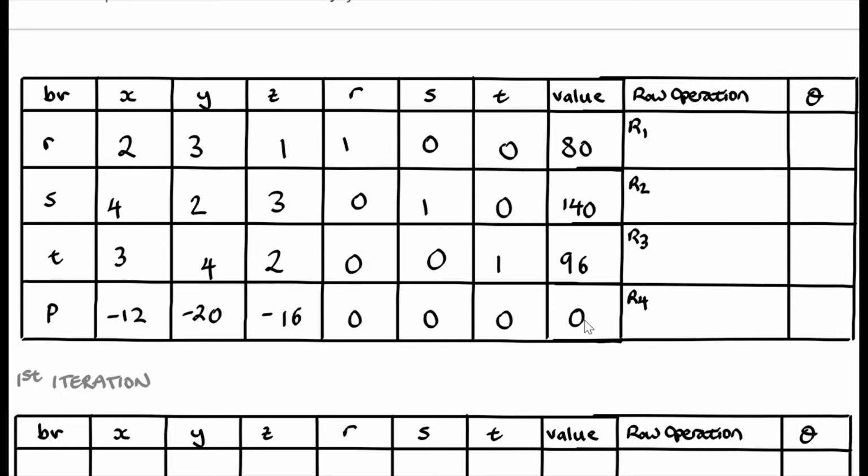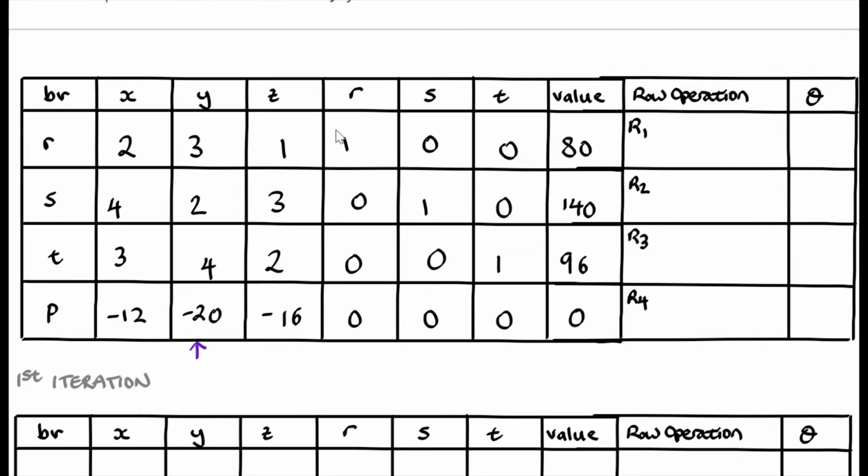Now, looking along this P row, the most negative entry we've got is this minus 20. And therefore, for theta over here, we divide the value by the corresponding values in this y column, because this is where the most negative value is.